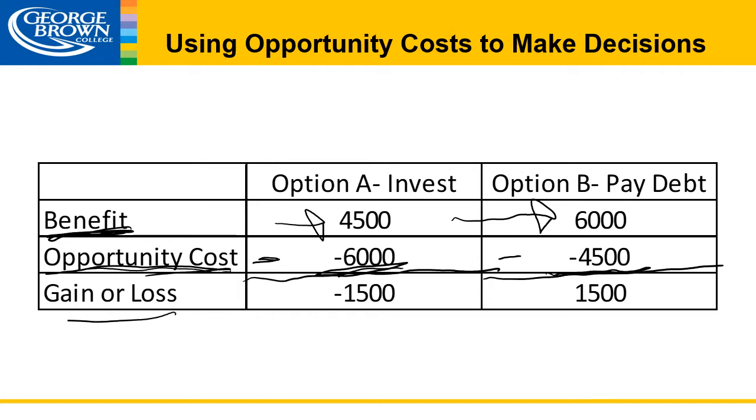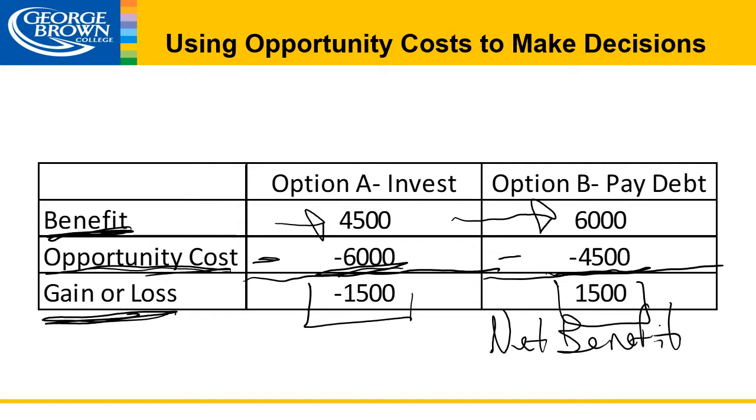the gain or loss. So for option A, we have a loss when taking into consideration the opportunity cost, or a net loss. On the other hand, for option B, we have a positive difference of plus 1,500, and this is called a net benefit.